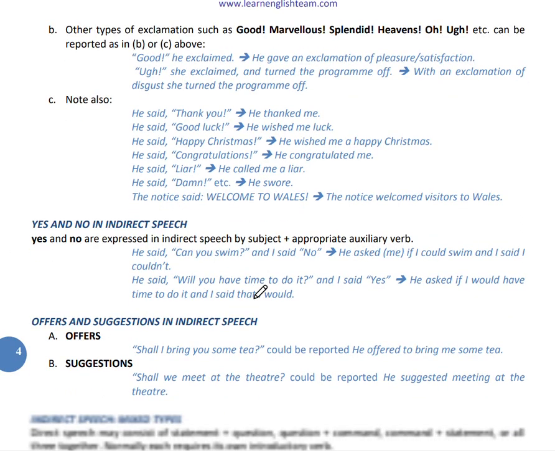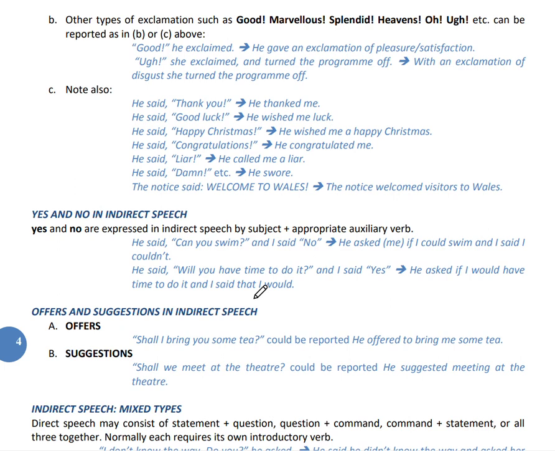Great. Now, in here, yes and no in indirect speech. So, yes and no are expressed in indirect speech by subject plus appropriate auxiliary verb. Let's look at it. He said, "Can you swim?" And I said, "No."